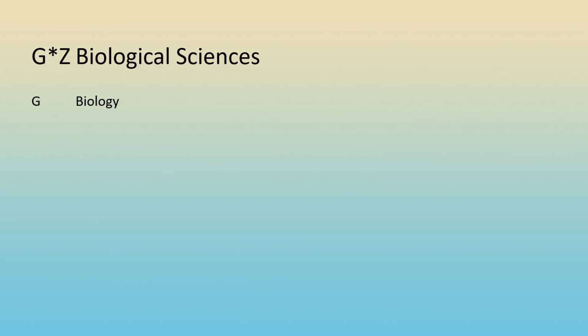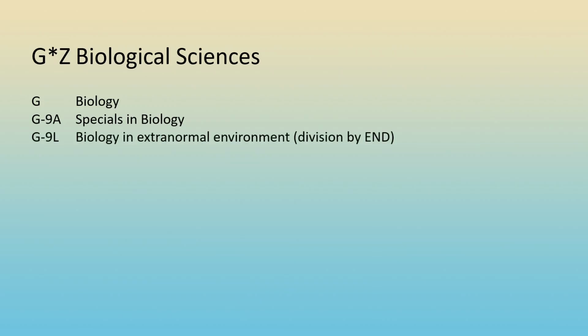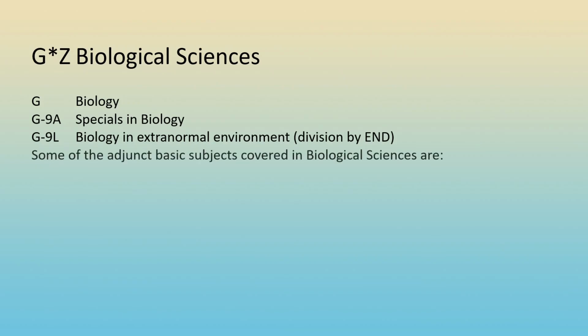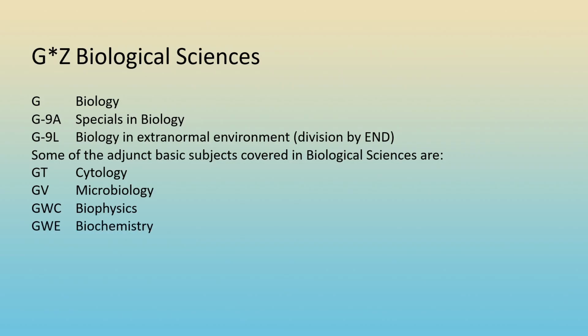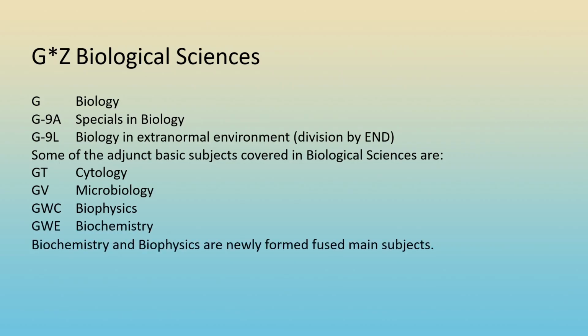Capital G star capital Z denotes agglomerate of biological sciences, which include biology, specials in biology, environmental divisions of biology, and some of the adjunct basic subjects such as cytology, microbiology, biophysics, biochemistry, and so on. Biochemistry and biophysics are newly formed fused main subjects.